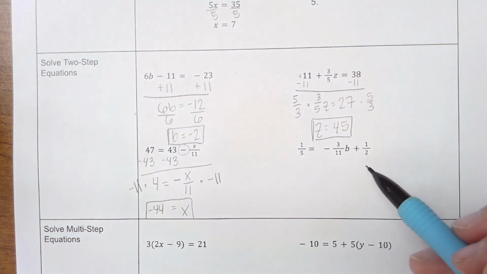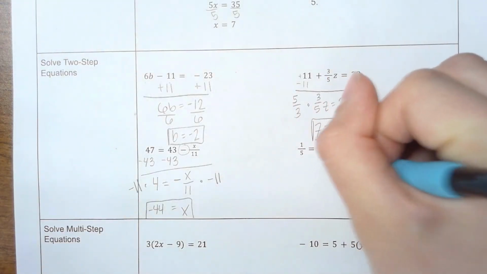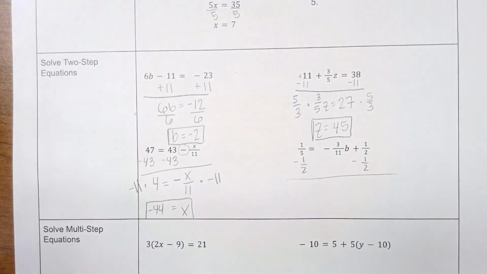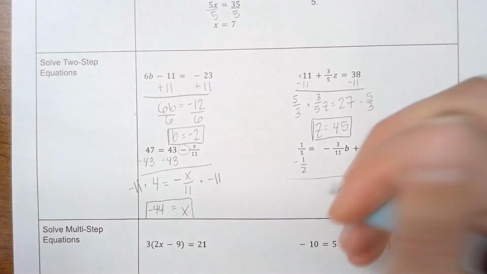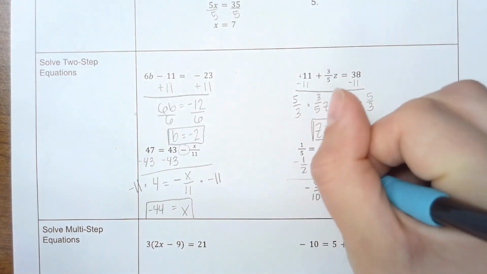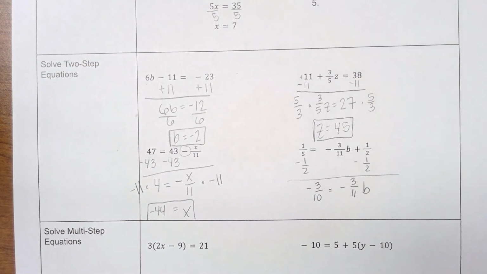Okay, and then this last one here, so to get b by itself, you should have subtracted the 1/2 first on both sides. And then 1/5 minus 1/2 should have been negative 3/10. And then again, to get rid of a fractional coefficient, all that you have to do is multiply by its reciprocal on both sides.